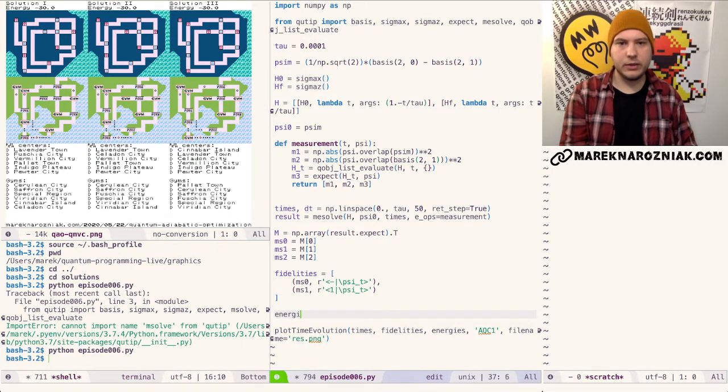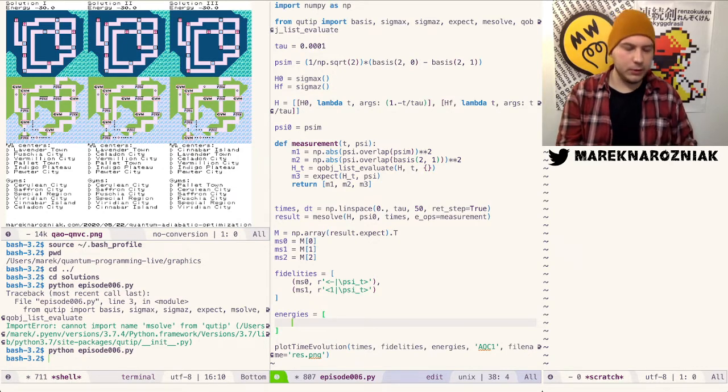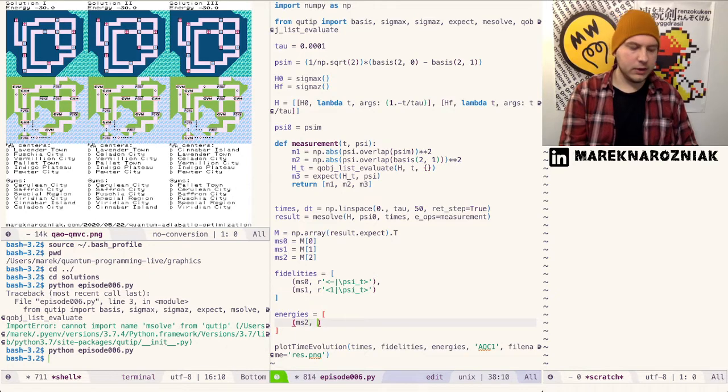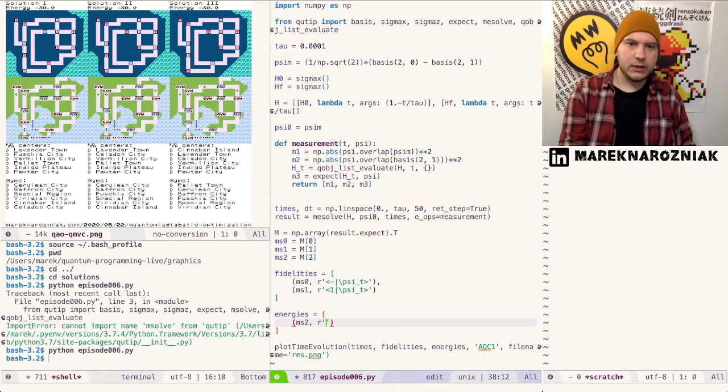It's just one energy here, which is the actual measurement, because we don't really yet have the exact energies. So for that, this is just going to be ms2, the last measurement. Let's just label it quite extensively.